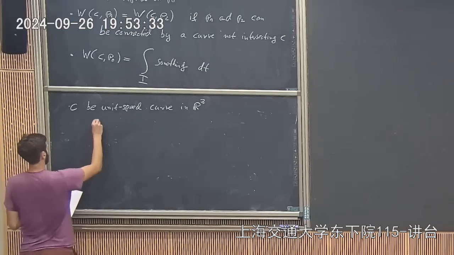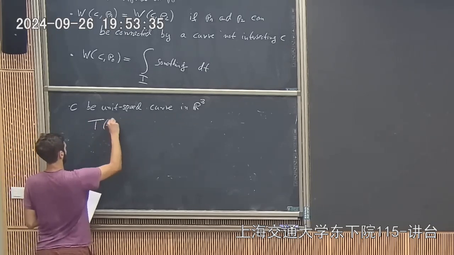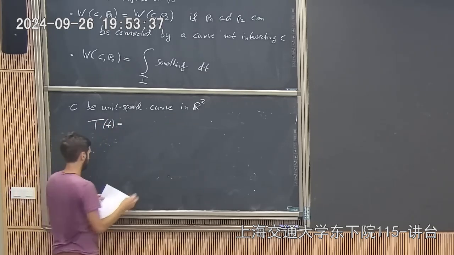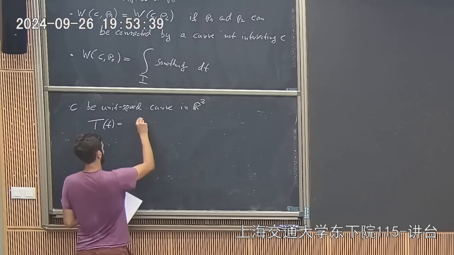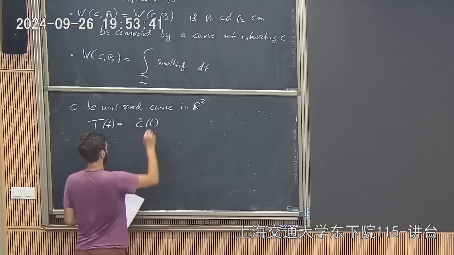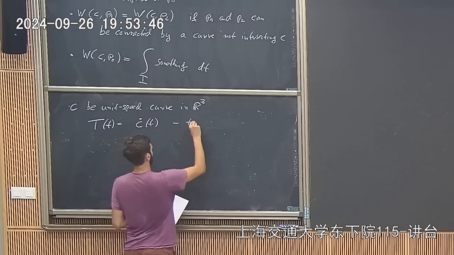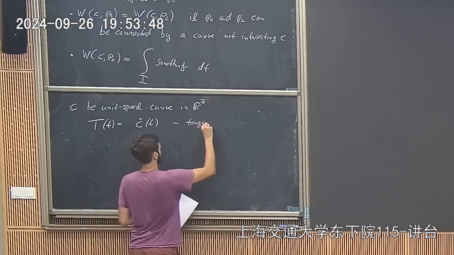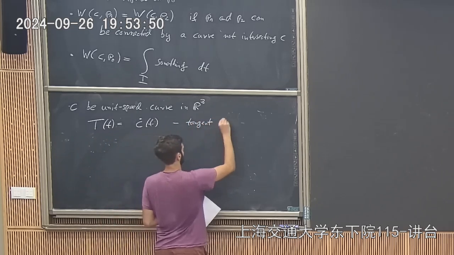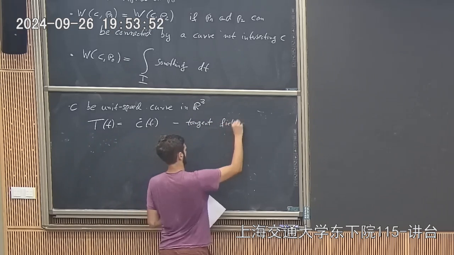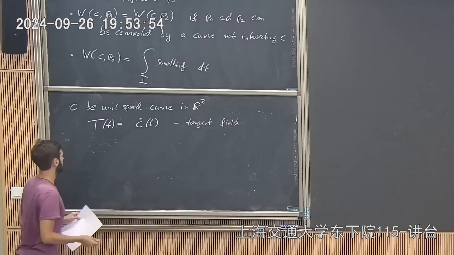Then the first vector that we define is just the first time derivative of the curve. And that's what is called the tangent, tangent field sometimes.